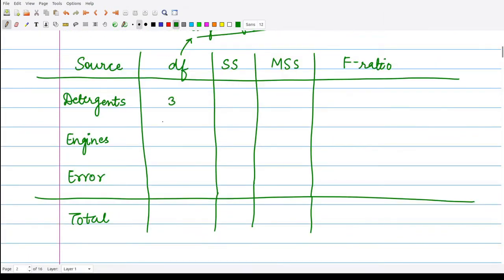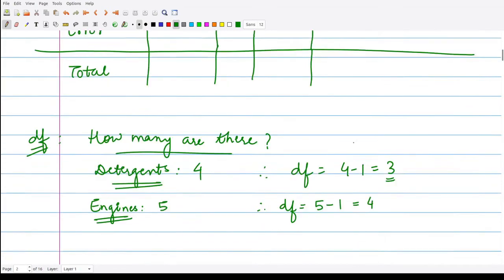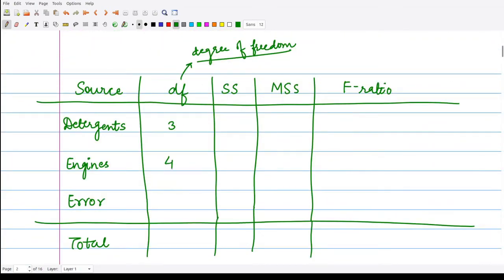Similarly, for engines, how many engines do you have? 5. Therefore, our degree of freedom in this case is 5 minus 1, so that is 4. So we'll write 4 here. We do not know about error yet. We will calculate it by some other method. So we can talk about total.